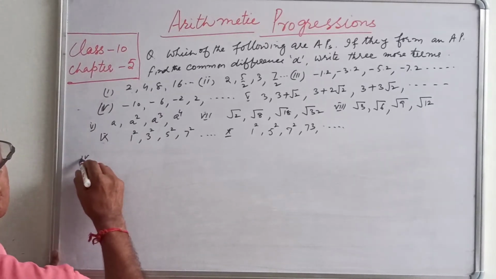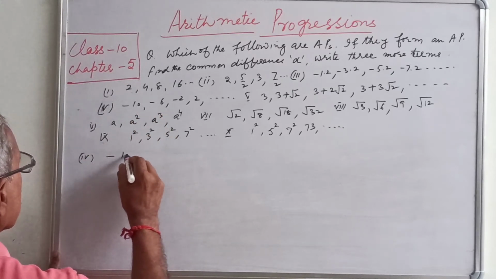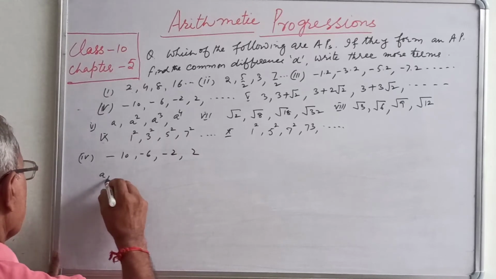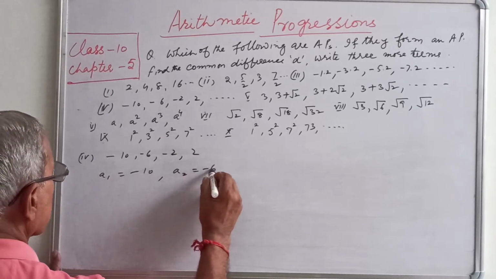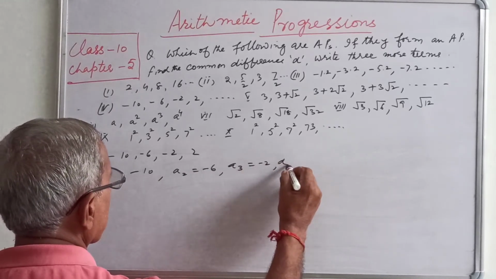Fourth part, the sequence is minus 10, minus 6, minus 2 and 2. So A1 here is minus 10, A2 is minus 6, A3 is minus 2 and A4 is 2.